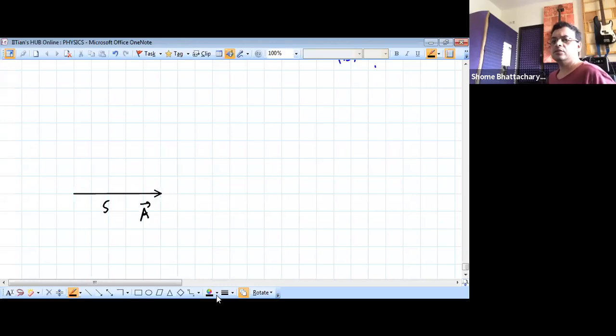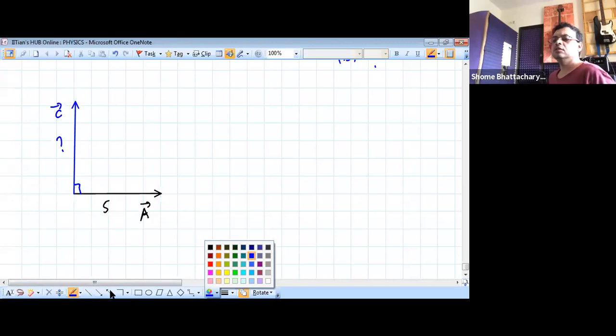Yes, it's correct. You can use the mean property, but I will solve it here by using vector triangles. So suppose this is my vector C. Its magnitude I don't know, but I know this angle is this. And C is basically what? A plus 2B. So the vector 2B should be this one.